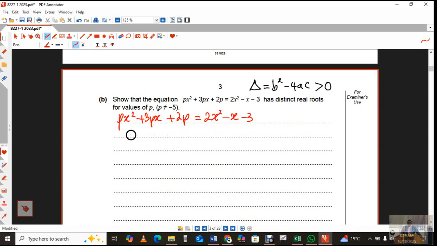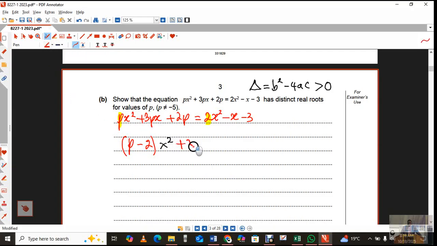I can rearrange, so I'm going to get all the terms that contain x squared. I'm going to take this over here with this one. Of course, I'm going to move the 2x squared to the left, so it's going to be minus 2. I'm just going to keep the x squared term on the outside.